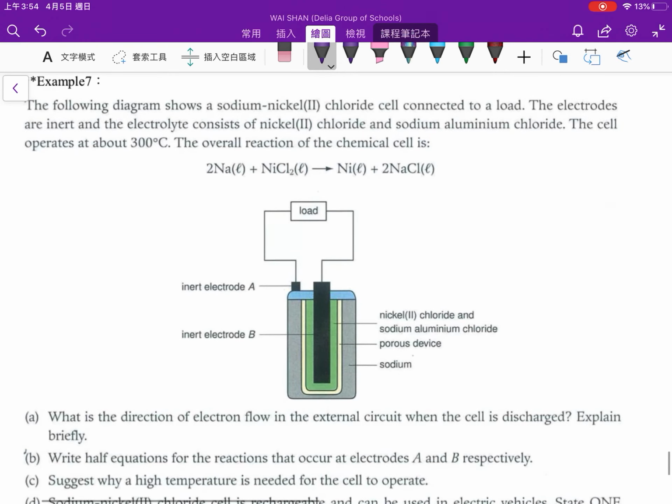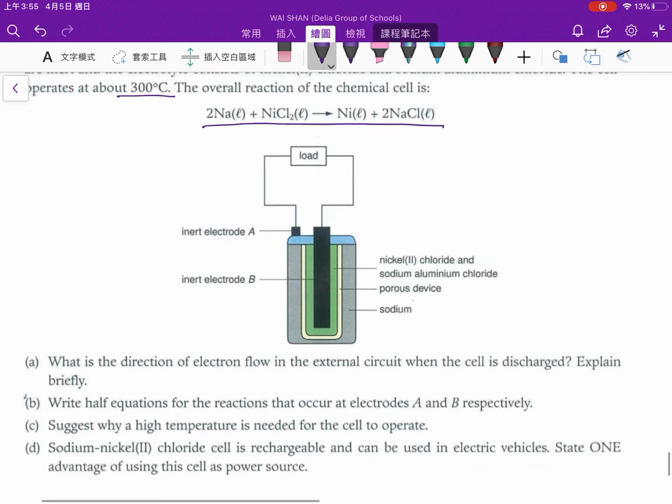And the last difficult example, the last one. Read the question carefully. Okay, the cell will operate at under 300 degrees Celsius. And this one is easier, I think, because you can find the oxidizing agent and reducing agent from the chemical equation here.